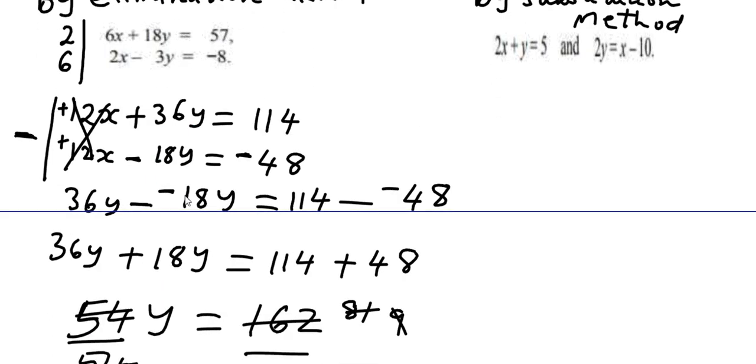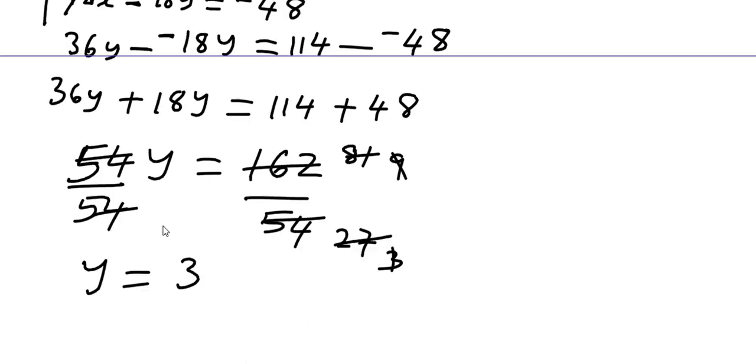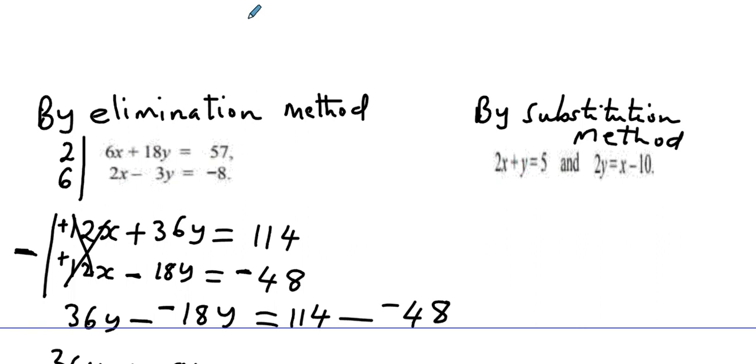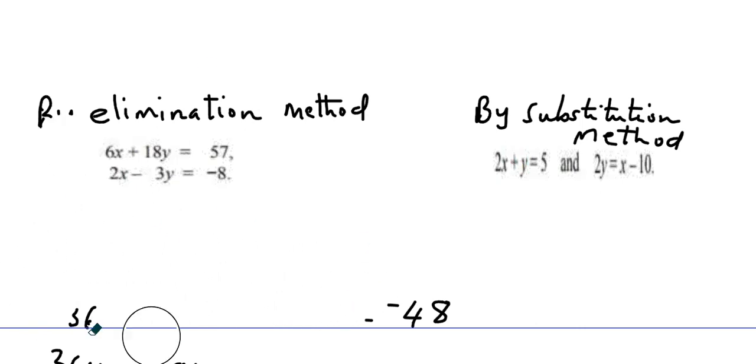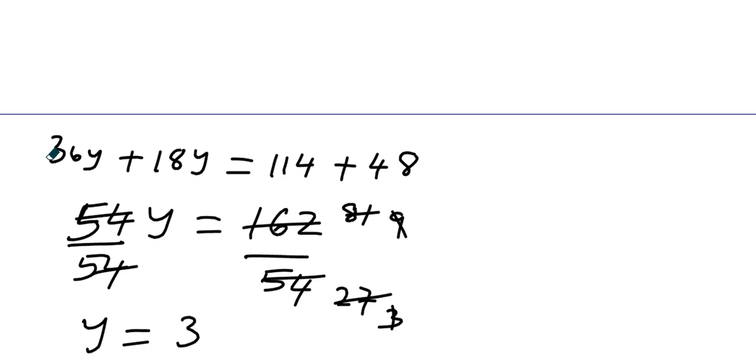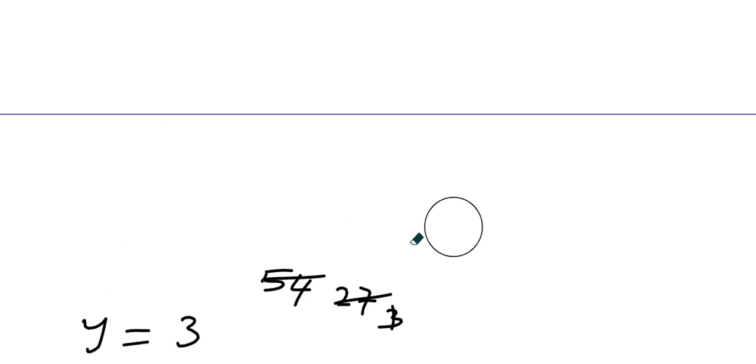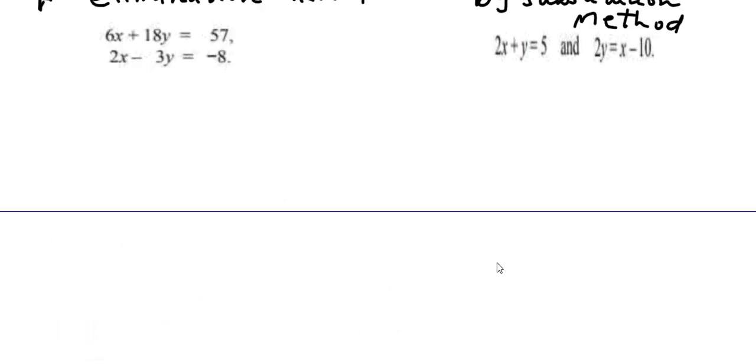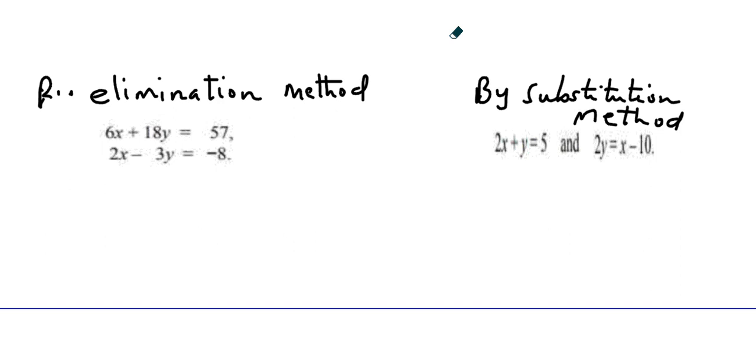To get the value of x, we need to remove y. Let me repeat the process over here. To remove y, you need to make the numbers on y the same.